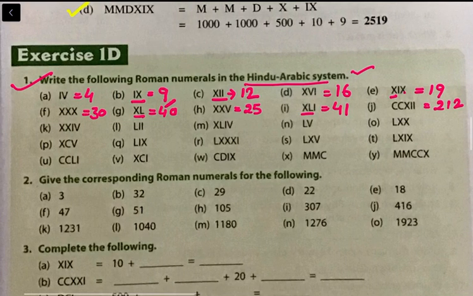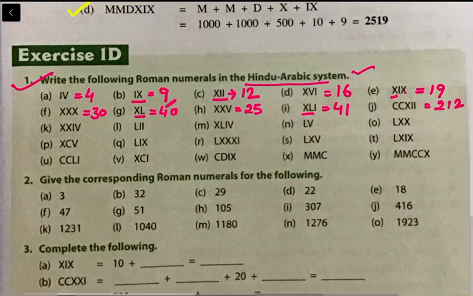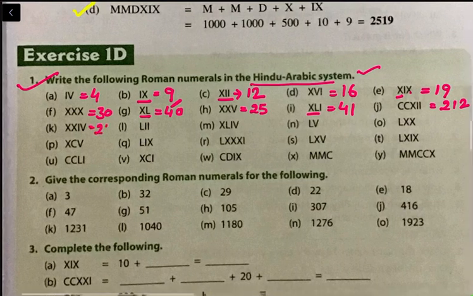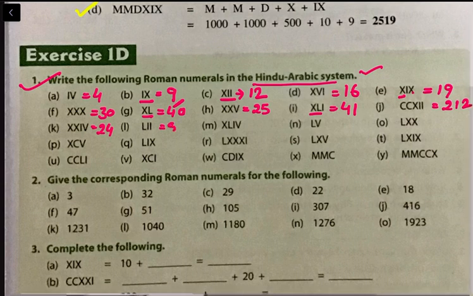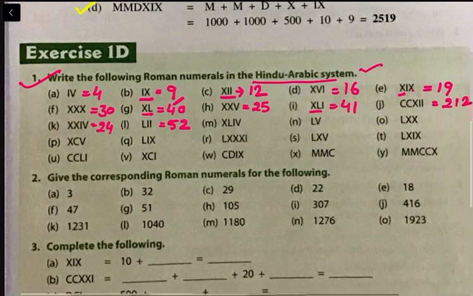Now XXIV: 20 plus 4, that is 24. LII is 52. The remaining questions you do yourself, and if you have any problem write in the comment box and I will provide you the solution.